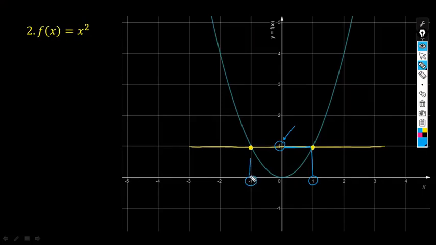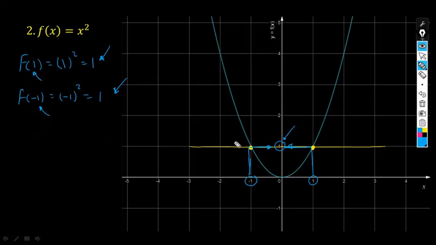We can prove it very quickly arithmetically. The function evaluated in 1 is 1 squared, which is 1. The function evaluated in -1 is (-1) squared, which is also 1. So for the output of 1, we have two possible inputs, 1 and -1.